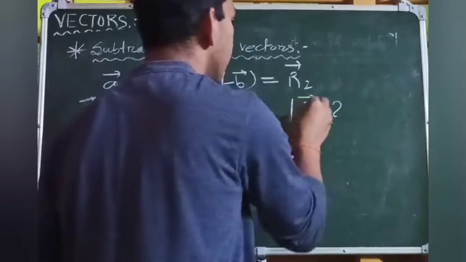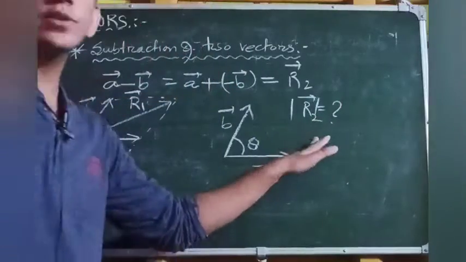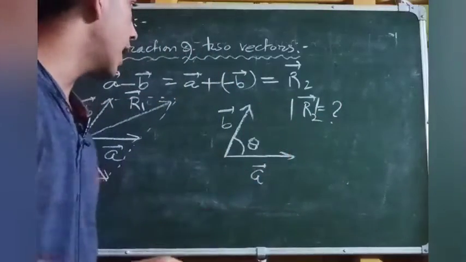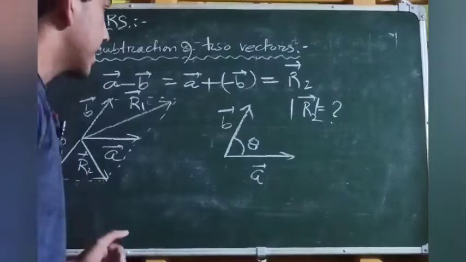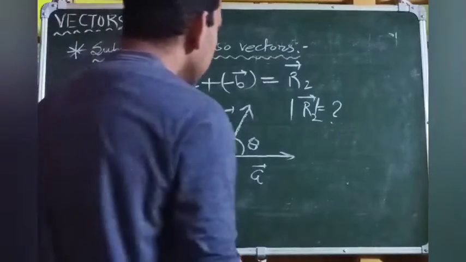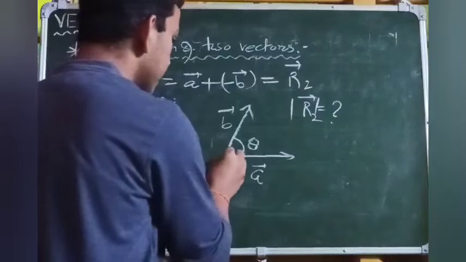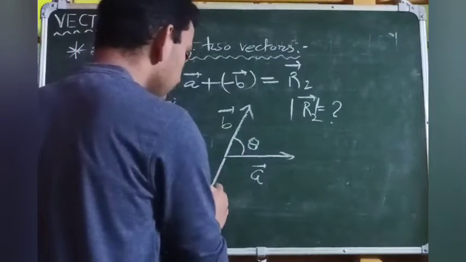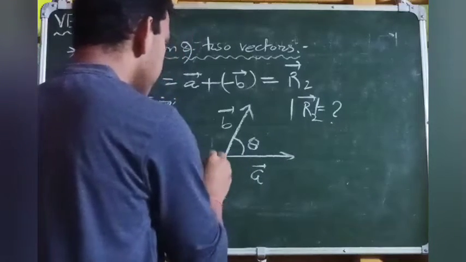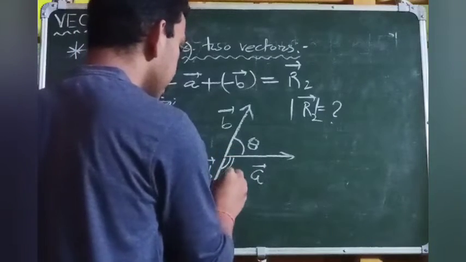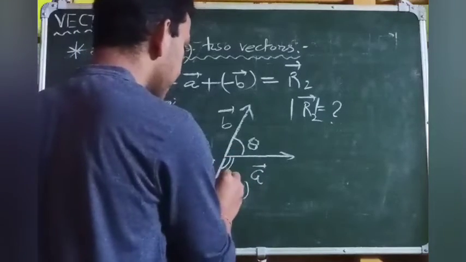For the magnitude of R2 vector, we require the direct formula. Then, from this figure we can see the angle between a vector and minus b vector is basically pi minus theta.